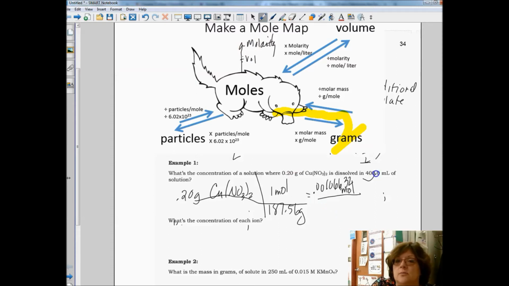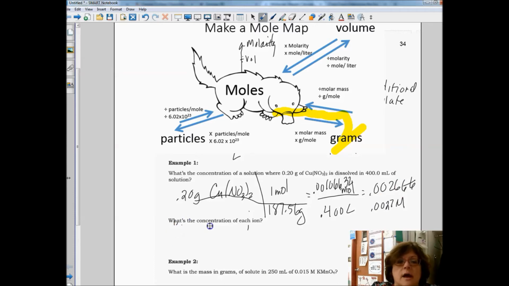If we move our decimal 3 places to the left, we have liters. Divide by 0.4. And our final molarity is 0.002666. And we need two significant digits, so we'll round to 0.0027 molarity.